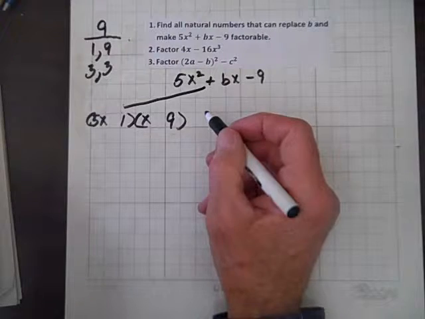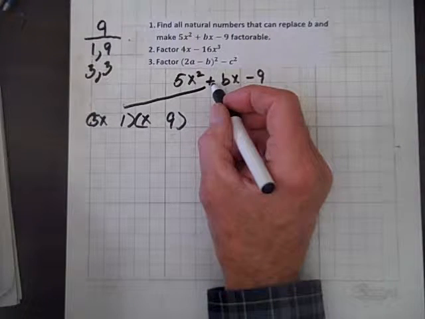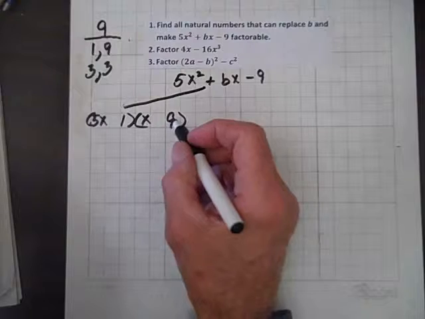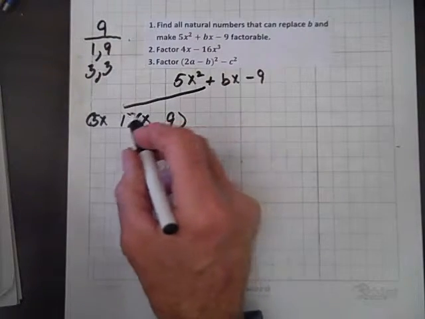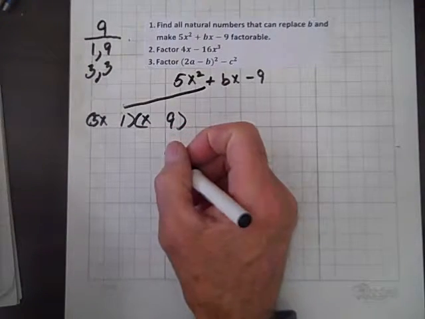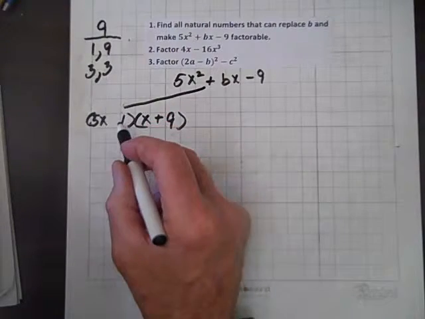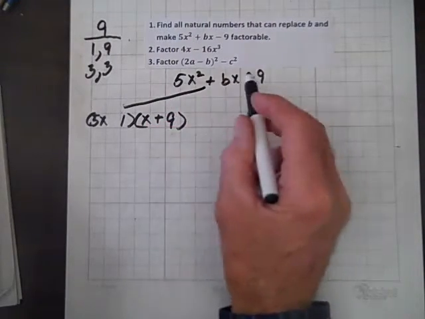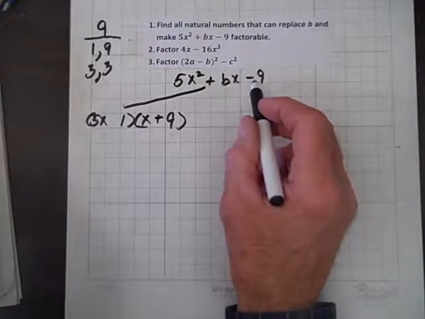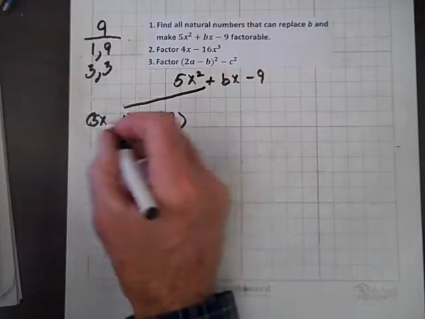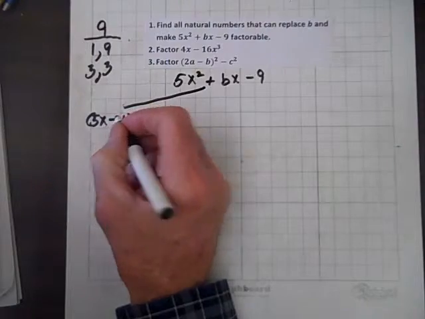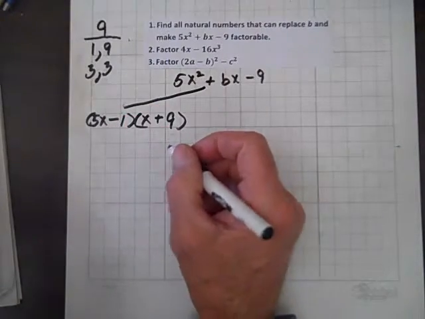Well, since the middle term's positive, we'll assign the positive to the largest of the factors, 1 or 9, and so 9 will get the positive. And because the first and last signs disagree in the expression, we know these two signs will disagree, so we need a negative here.